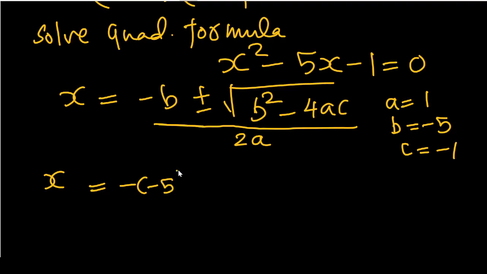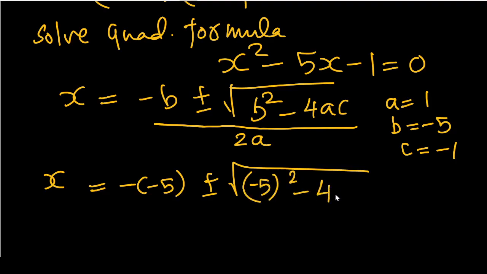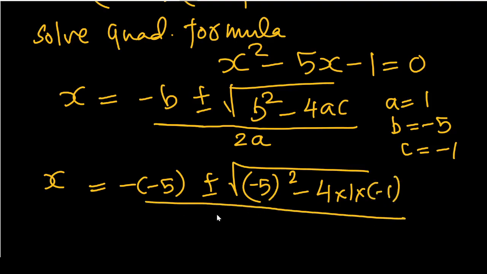Minus of minus 5 plus minus under root b square, which is minus 5 square minus 4 into 1 into minus 1 upon 2 into 1.